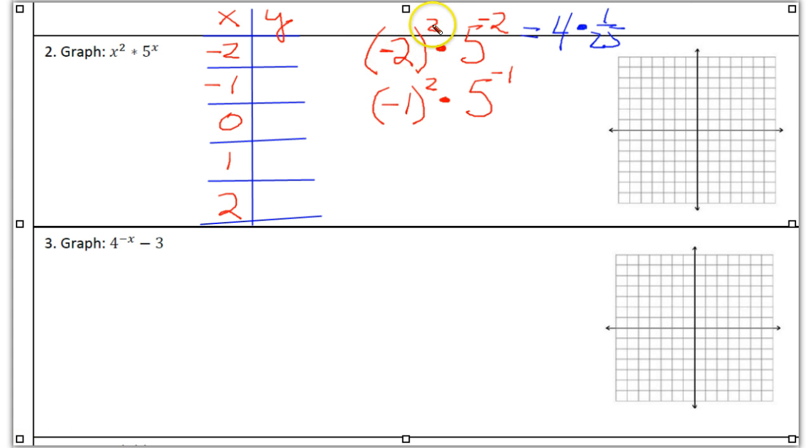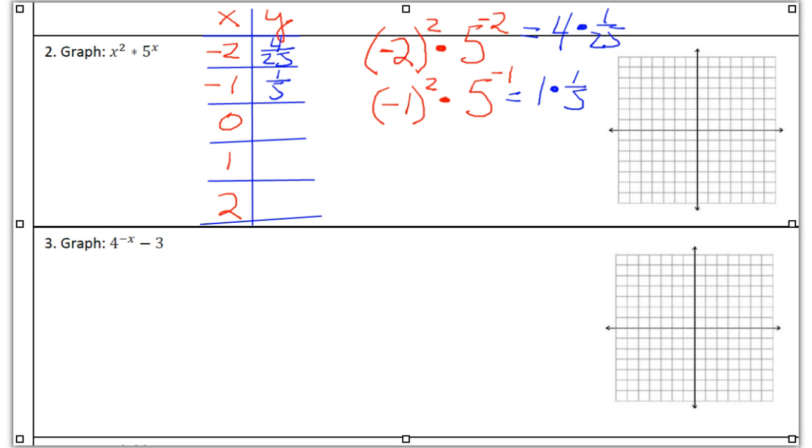So -2 squared is a +4, and 5 to the -2, just flip that, that's 1/25. This will give us then here 4/25. When we square a -1, we get a 1. And then this is 1/5. So this becomes 1/5.